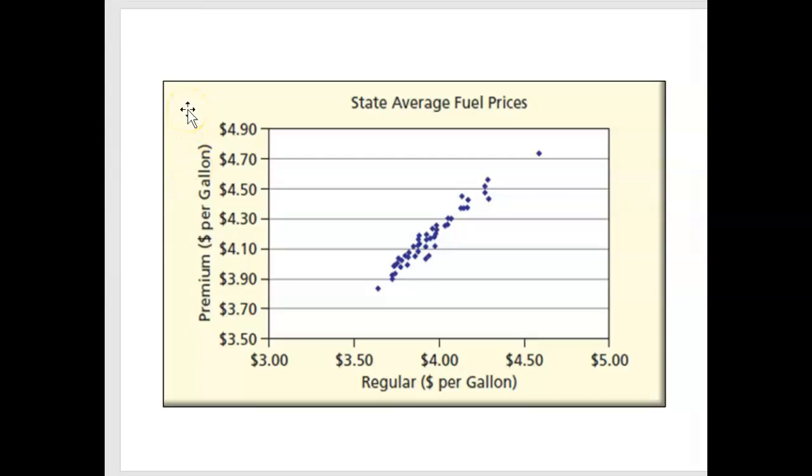So it shouldn't be a surprise that increases in the price of regular gasoline would be positively correlated with increases in the price of premium gasoline. And that's exactly what this diagram shows. This is a positive correlation between the two prices.